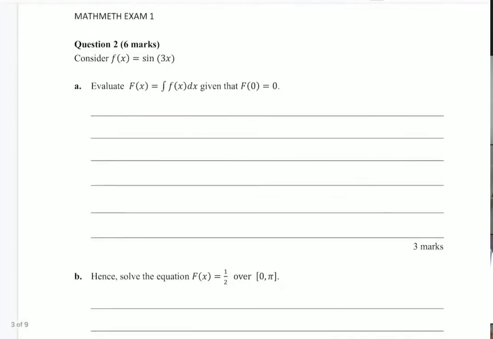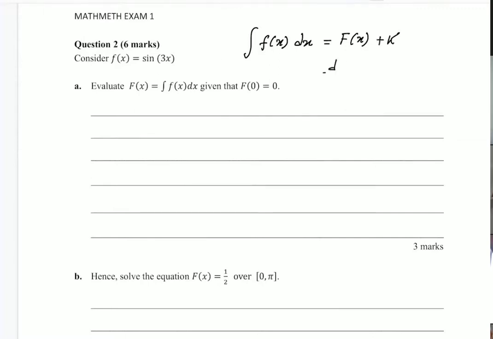Now, in the second question, you can see 6 marks here. Find F(x), consider f(x) equal to sine 3x. Evaluate F(x). You can see this capital F(x). Typically, now with your experience, you know the integration of f(x) dx is written as capital F(x) plus k.